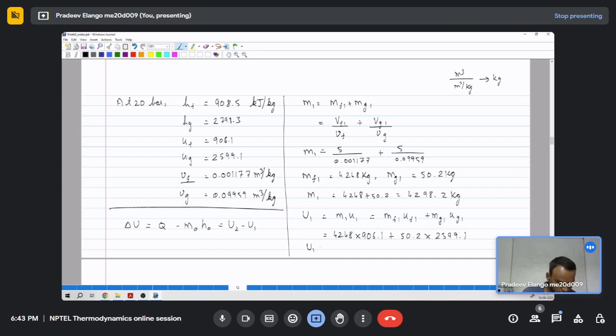So this is the internal energy at state 1. This is 3979587 kilojoules, so this can be written as 3979 megajoules.